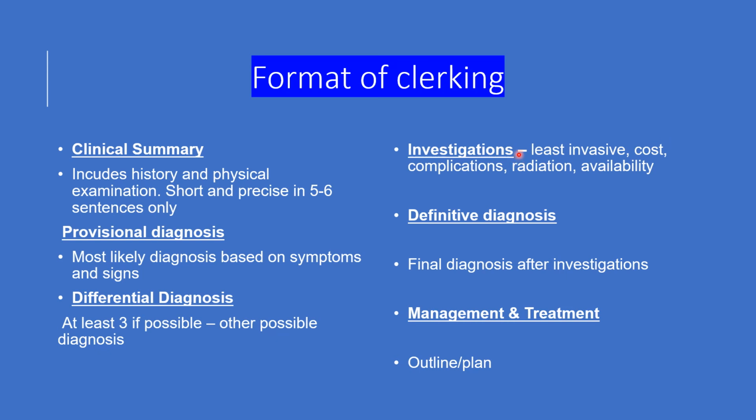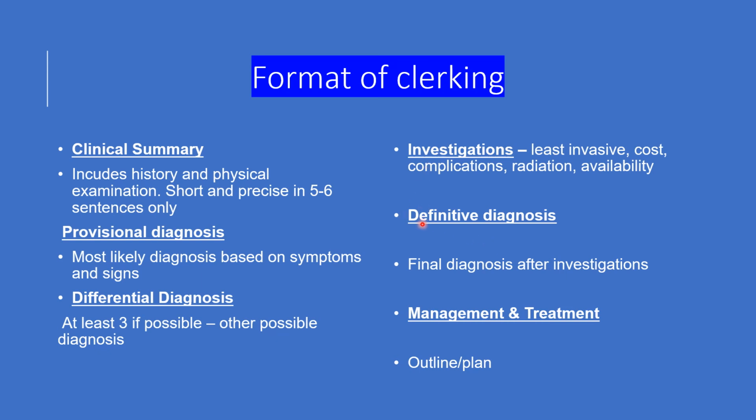Whatever investigations, it must be least invasive, cost effective, with minimal or no complications, no or minimal radiation, and also availability. It must be available in the place where you work. Okay, these are the criteria that you use to choose your investigations for your patient.